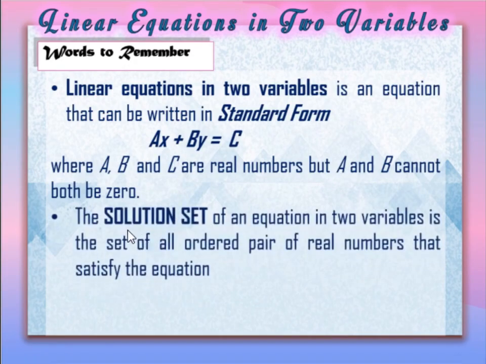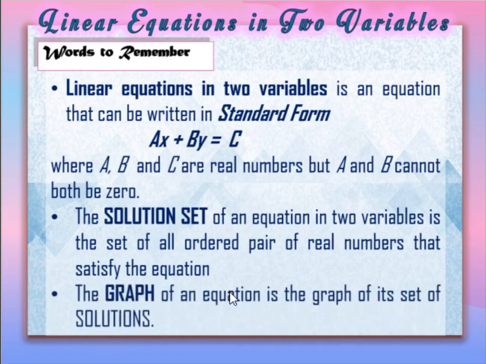Then we have the word solution set. The solution set of an equation in two variables is the set of all ordered pairs of real numbers that satisfy the equation. And the graph of an equation is the graph of its set of solutions.